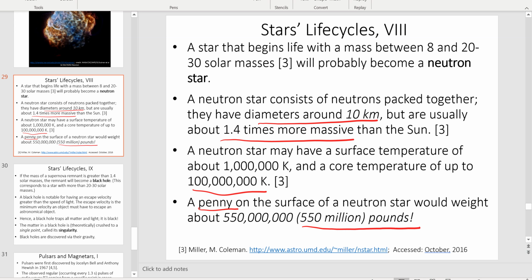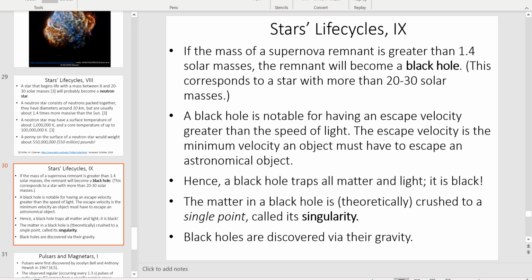In fact, it wouldn't even consist of atoms. Your atoms would be crushed down to neutrons. So you'd be a neutron paste that gets attached to the surface of the star. Okay, not a very nice topic, I know, a morbid topic, but let's go on to something even more exotic.